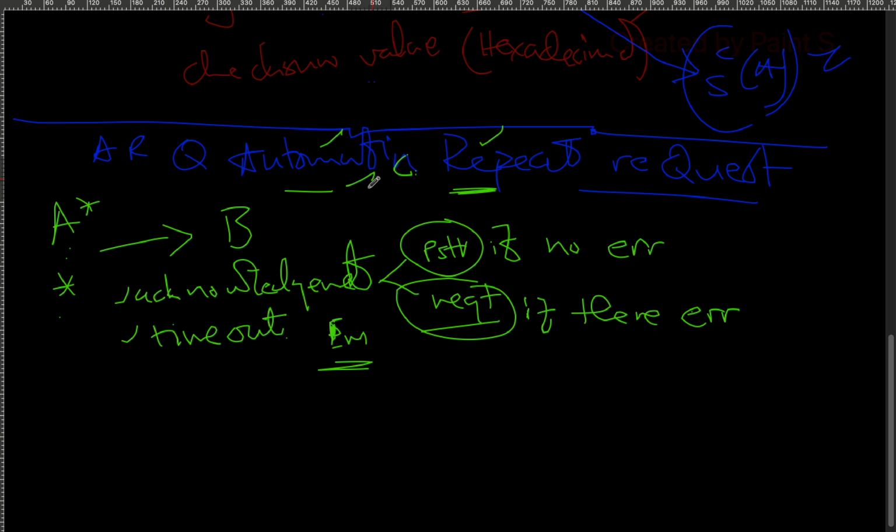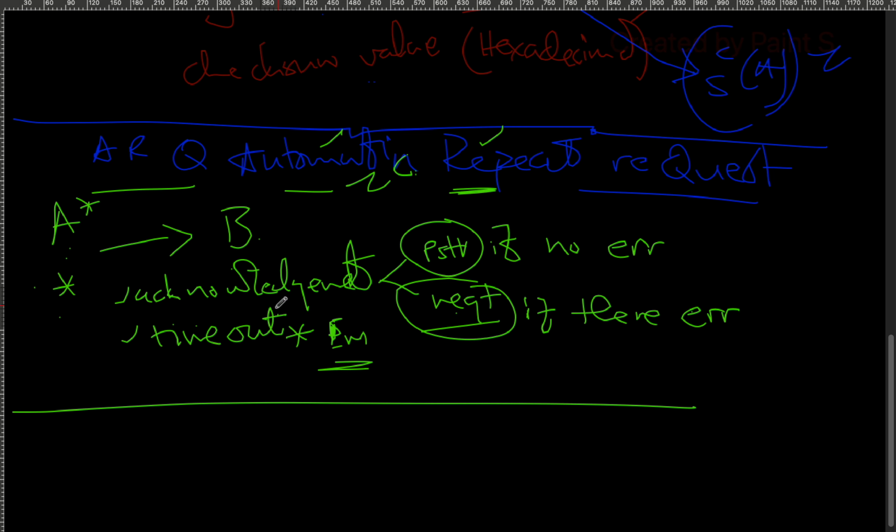That's basically as far as ARQ is concerned. If I'm asked to summarize ARQ, I'll be saying this. ARQ uses positive and negative acknowledgements and timeouts, right? The sender sends information to the receiver and waits for a preset time to get a positive or a negative feedback.